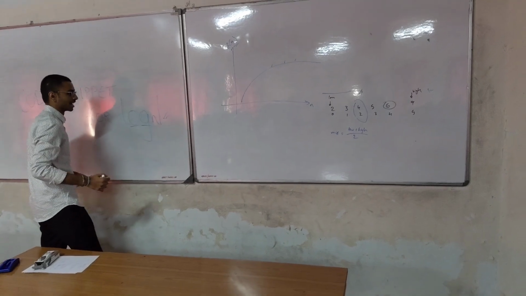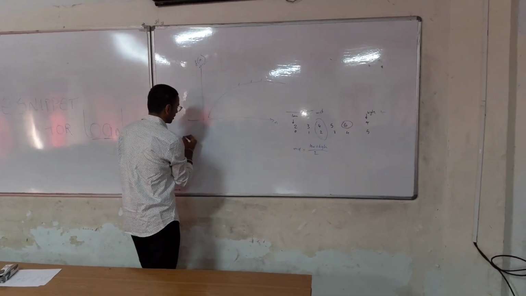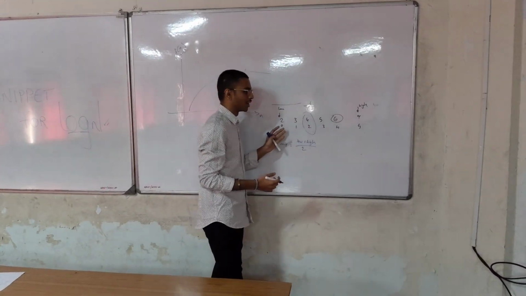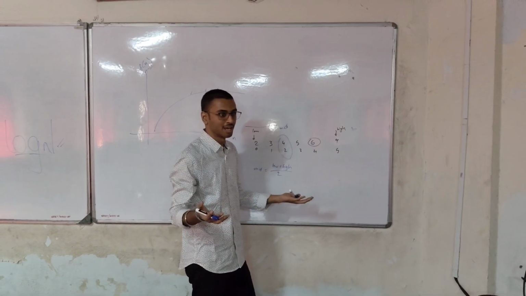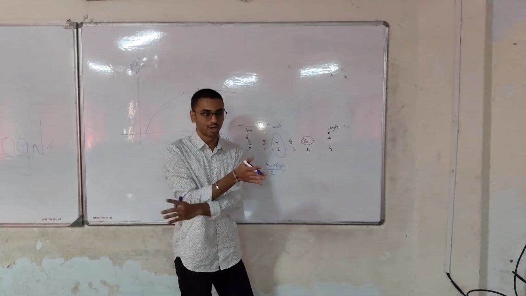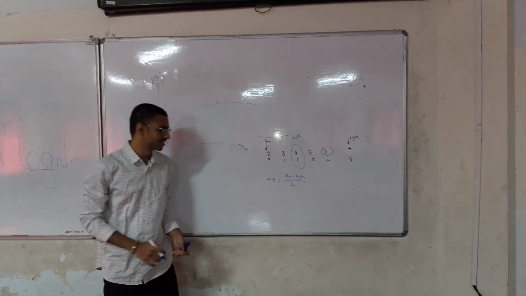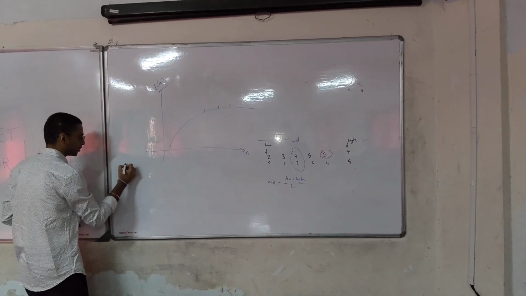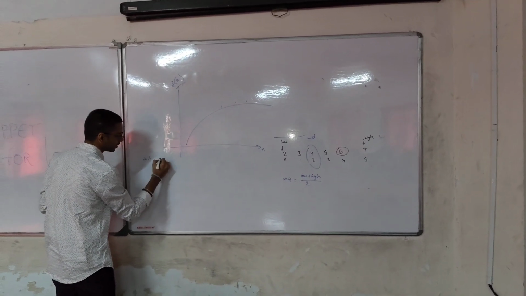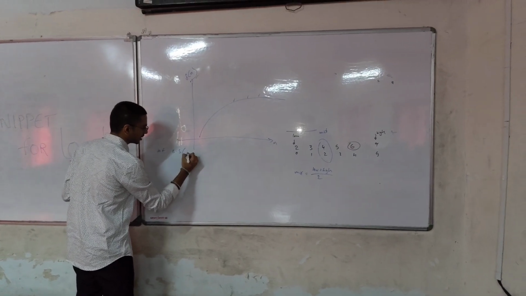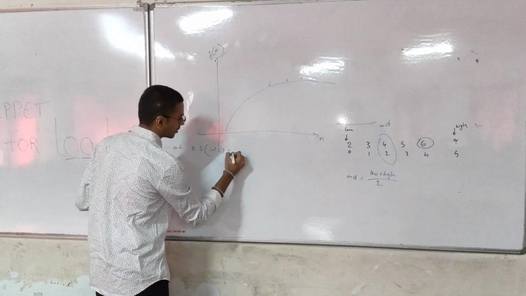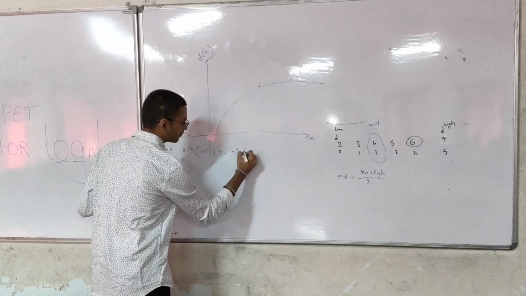So what will the code be like? When do I say that I didn't find my element? When the low and high cross each other, right? So that's when I'll say, okay, I didn't find my element. So let's say int binary search. I have an integer array, and I'm finding for a key.